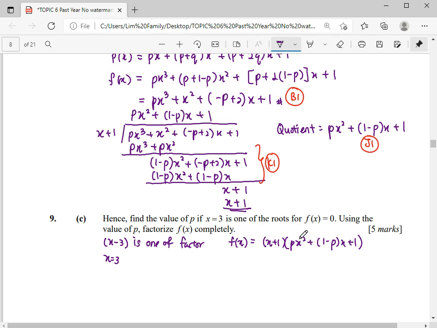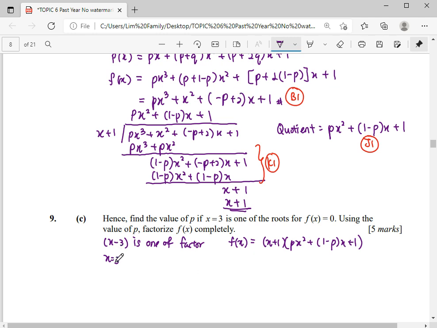So we write in terms of one expression: f(x) is the divisor times the quotient plus remainder. Not necessarily do we have to substitute back here. We can use the expanded form or the factorized form. I will use the factorized form for easier calculation. Of course, you can also substitute back into this f(x).